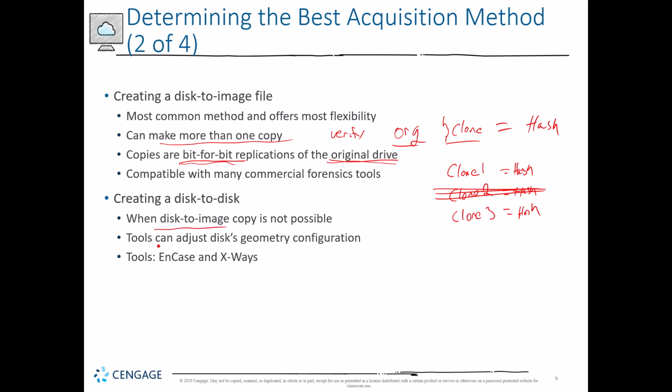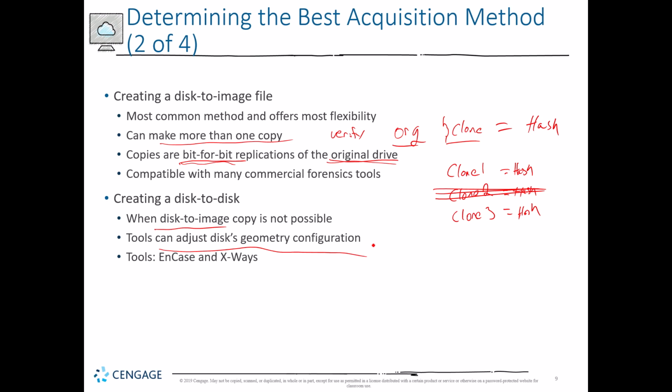And there are tools that can adjust the geometry configuration of a storage device, because the geometry configuration dictates the storage space. Though, keep in mind, we cannot go from like a 200 gig drive to a 2 terabyte drive by manipulating the geometry. That's not how it works.